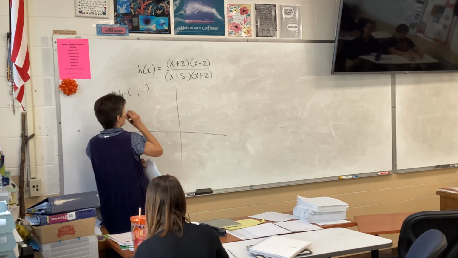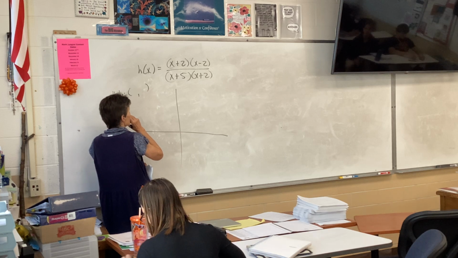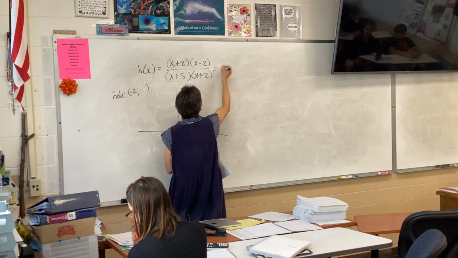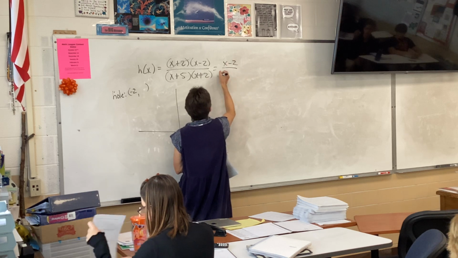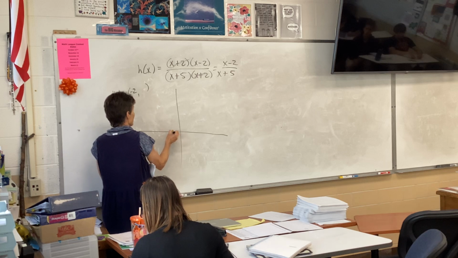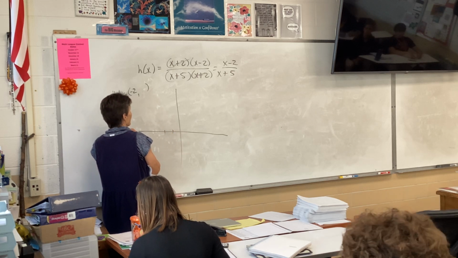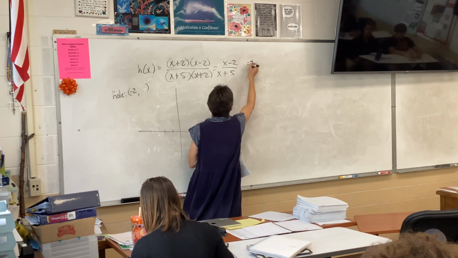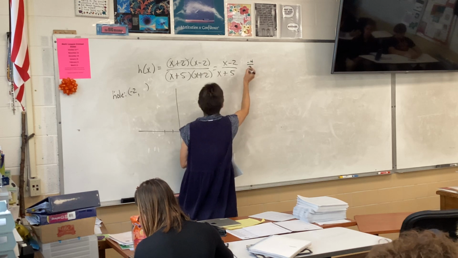So where's my hole going to be? It's gonna be at -2, yep. And then how will I find my y-value? Remember, the hole is a point, so I need to put it somewhere. Plug it in, so that'll be -4 over 3.